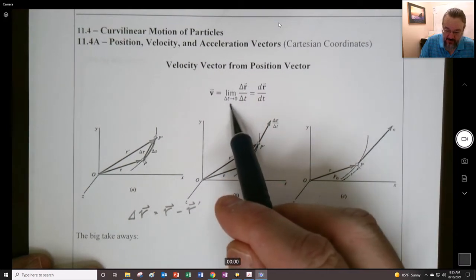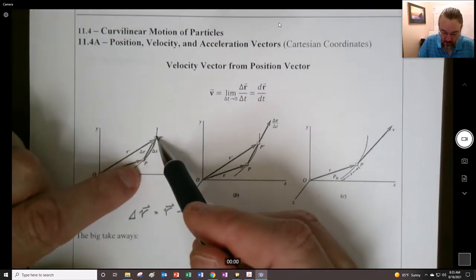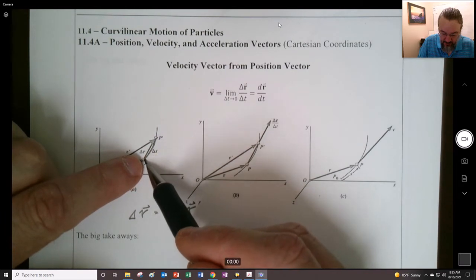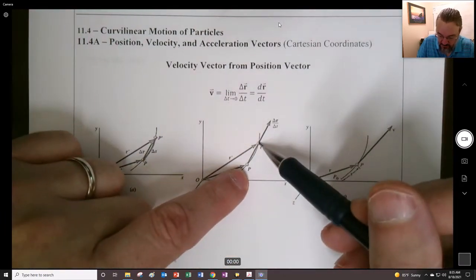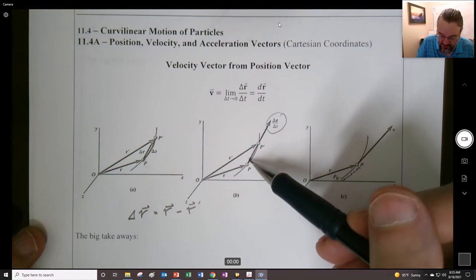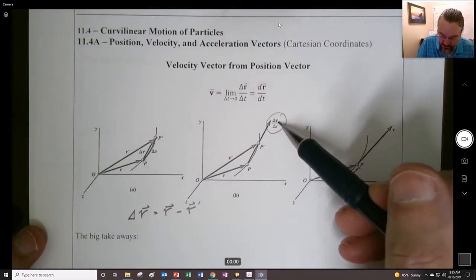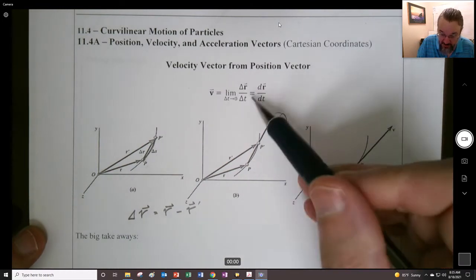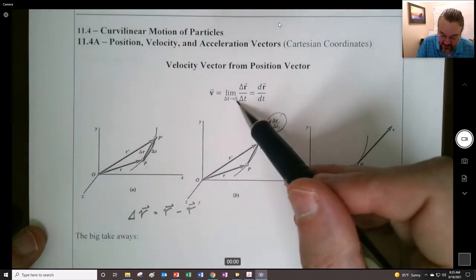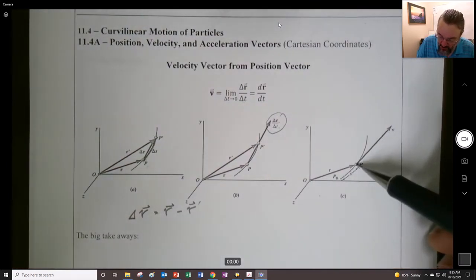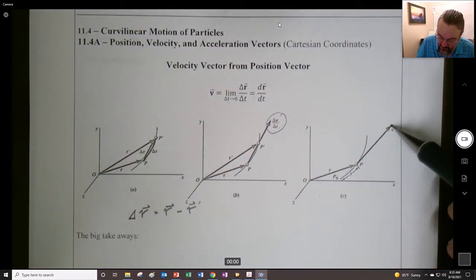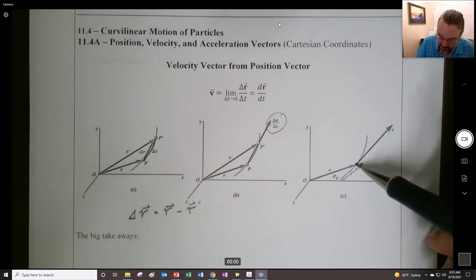Then if we take the limit as that gets smaller and smaller, which means the points get closer and closer together, the average velocity is delta r over delta t, and as that delta t gets smaller and smaller, we have the velocity at that point.